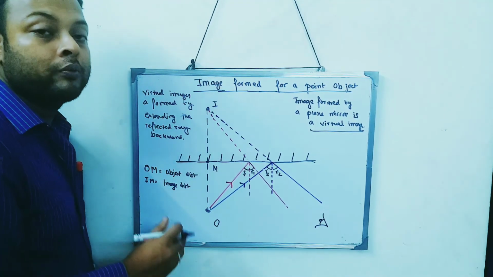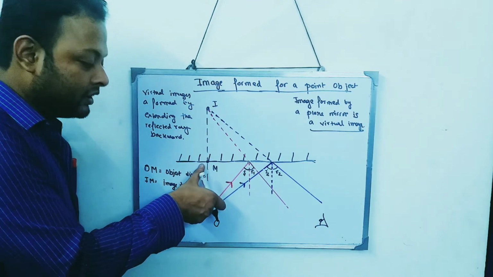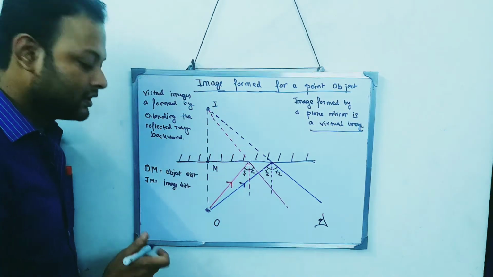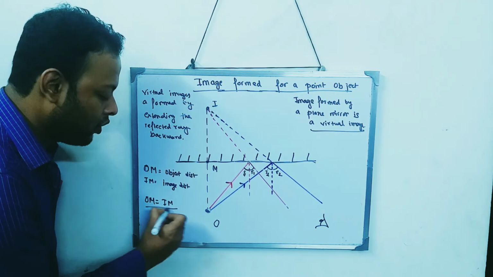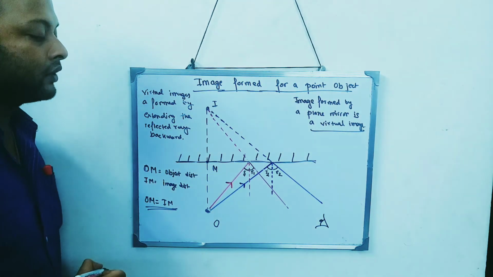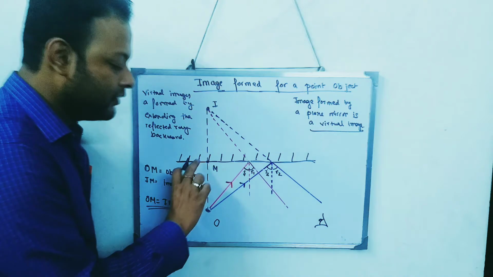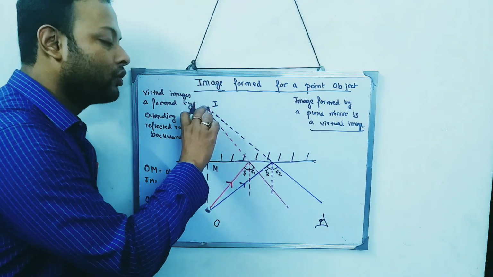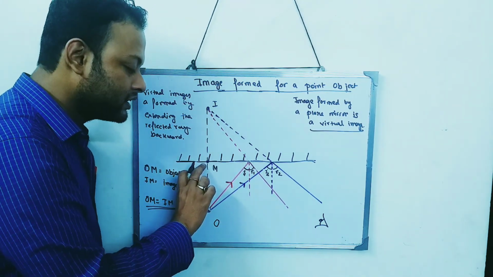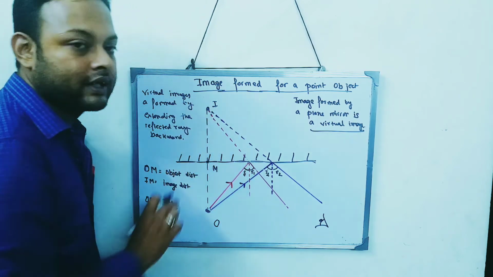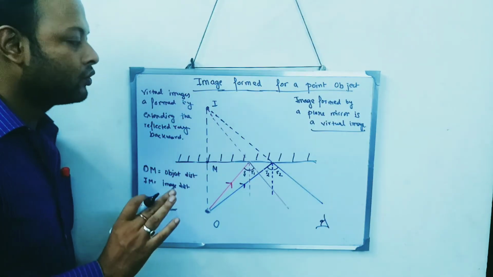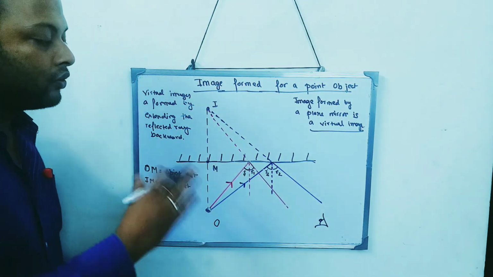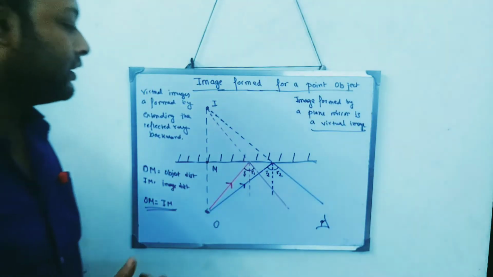And according to the mirror, this object distance has to be equal to my image distance. So OM has to be equal to IM. My object distance is always equal to my image distance. So if this is 5 centimeter, this also has to be 5 centimeter. If this is 10 centimeter, this also has to be 10 centimeter. So this is the information that you need to know from this ray diagram. And how to draw the ray diagram, I think I have explained to you.